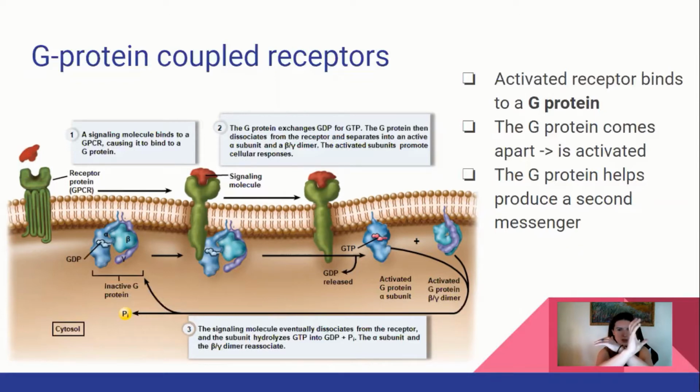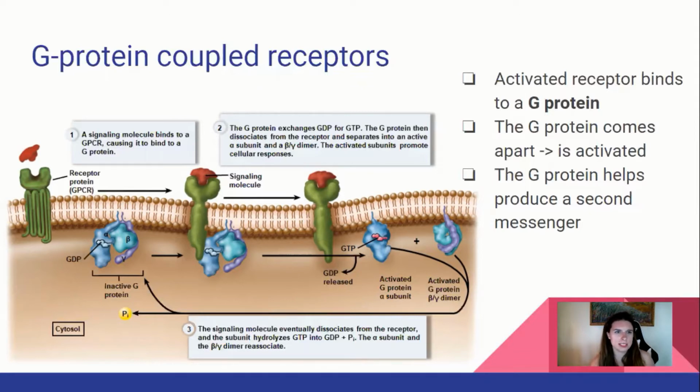So when our signal binds in, it's going to bind in over here on the outside of the cell, and it's going to cause some type of change on the part of the receptor that is on the inside of the cell. And if we're talking about a G protein coupled receptor, that part of the receptor protein that's on the inside of the cell is going to do a really specific thing.